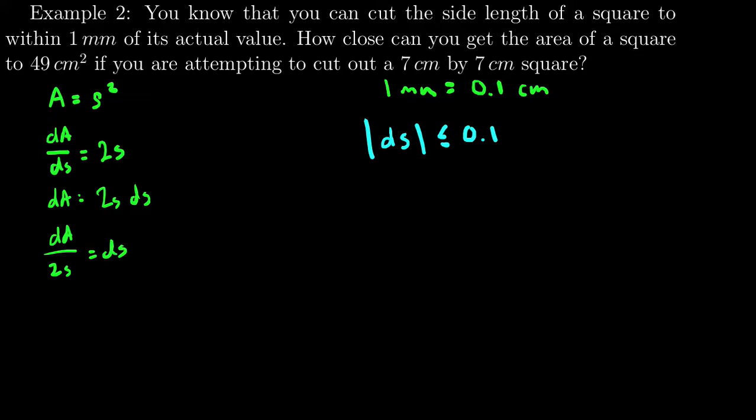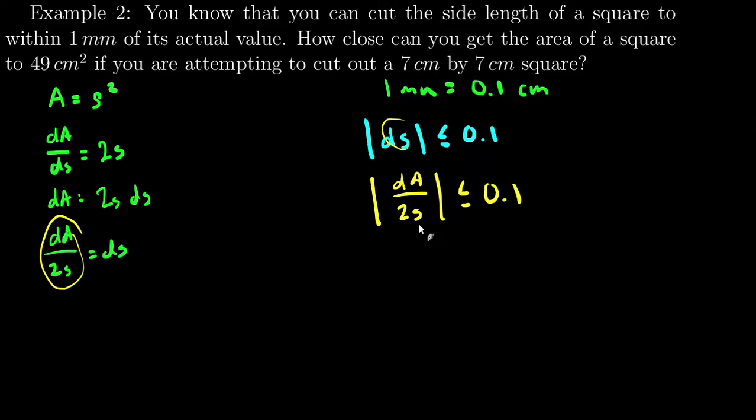And now, this is where the magic happens, I can replace this ds with this value because it equals ds, and I see that, okay, the magnitude of dA over 2s is less than or equal to 0.1. I have absolute values, but that doesn't matter for this 2s. 2 is positive.